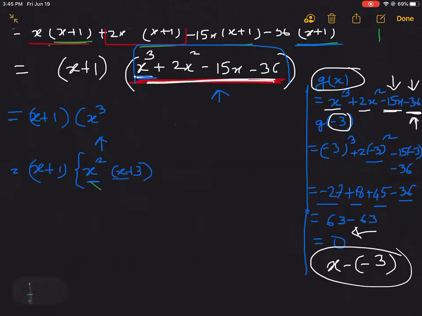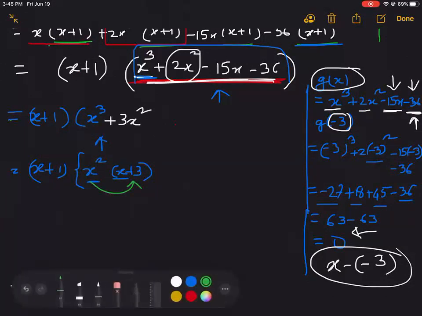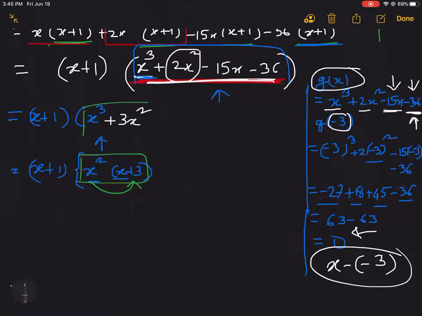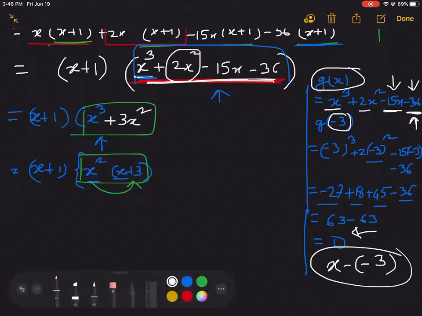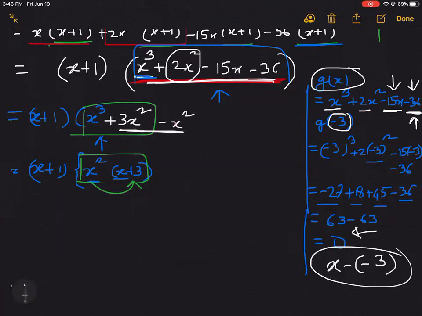And now I'll multiply x squared by 3. So it will be 3x squared, right? But previously we had 2x squared. This is the pair for this. We are already done setting up that pair. So as we have more x squared here, at least 1, we need to subtract it, right, to make the balance.